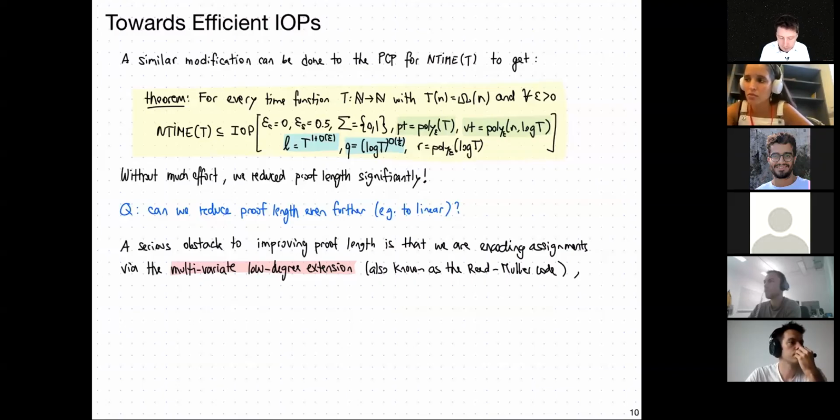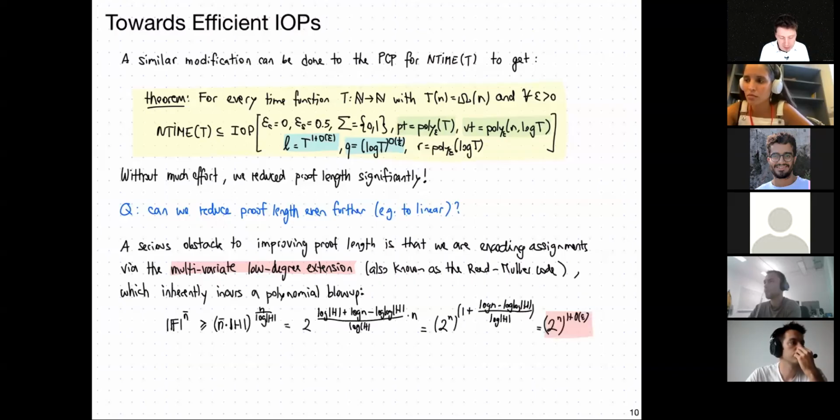And if we use multivariate low-degree extensions, we will always be confronted with a polynomial blow-up because we'll have something to the number of variables. I'll call it n bar here. The number of variables is going to be the log of the size of our problem over log h, where you have this expression just like in the previous slide. At the end of the day, no matter what you do, it's going to be something like the size of your problem, which I wrote as 2 to the n.